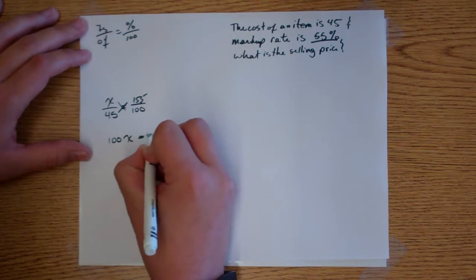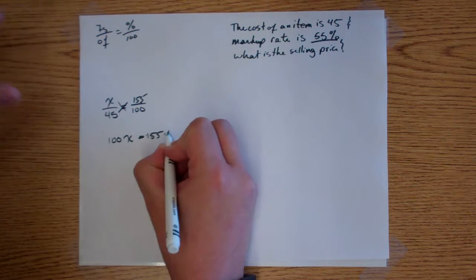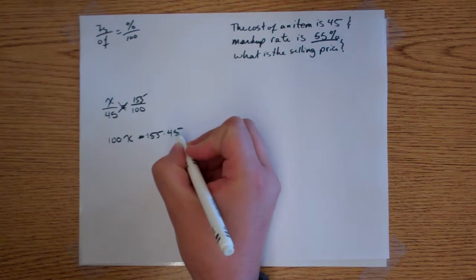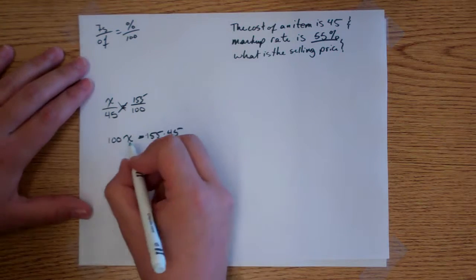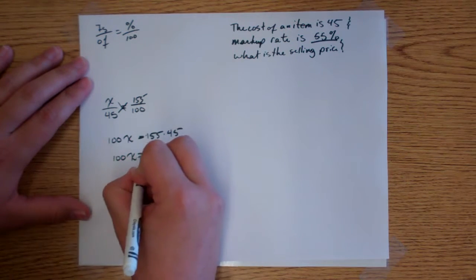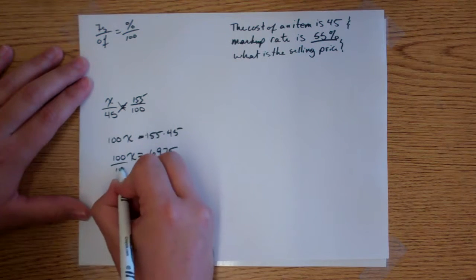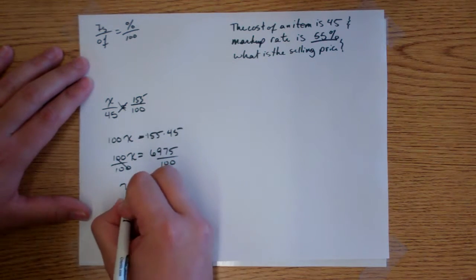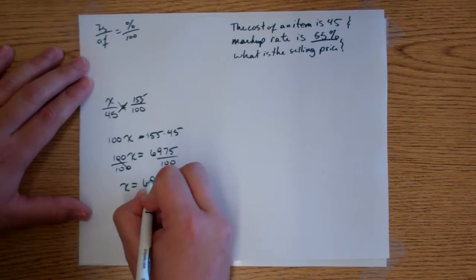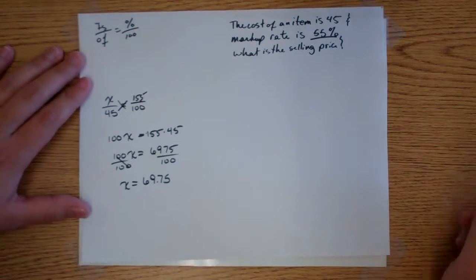100x equals 155 times 45. 155 times 45 is 6975, so we have 100x equals 6975. Divide by 100. So x equals 69.75. Right?